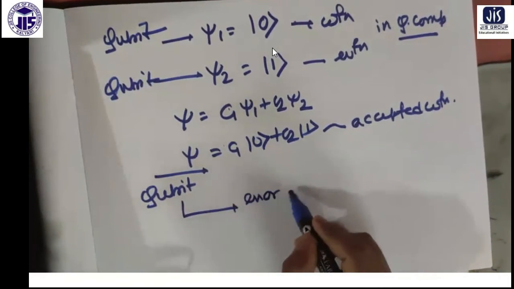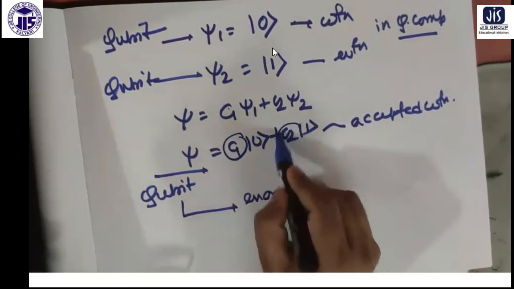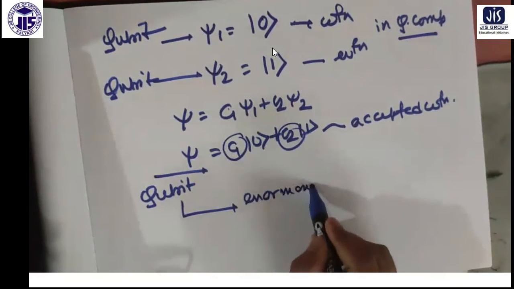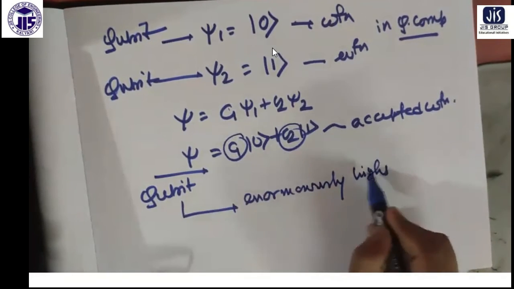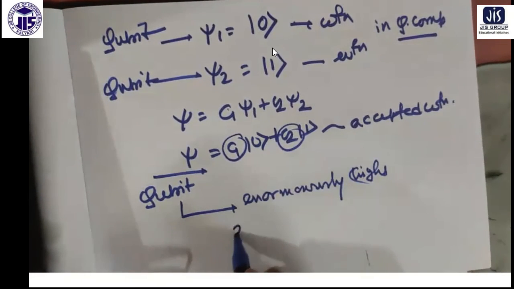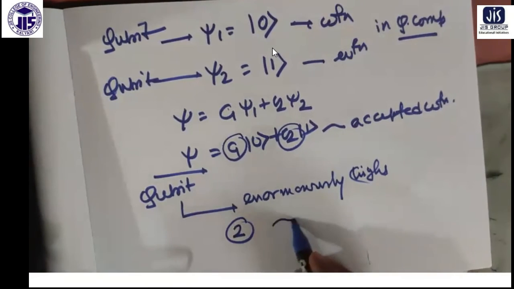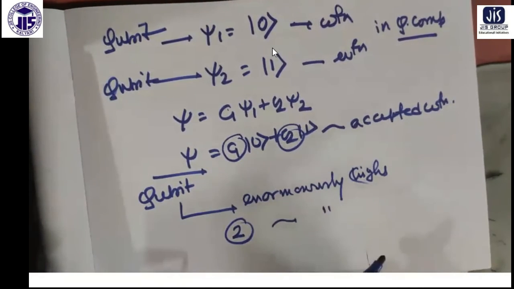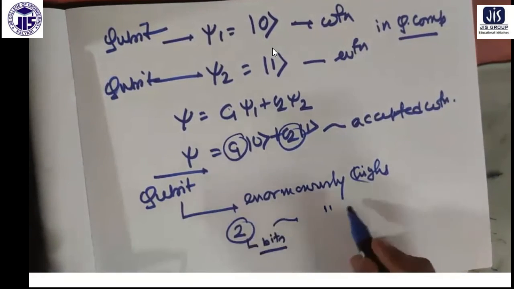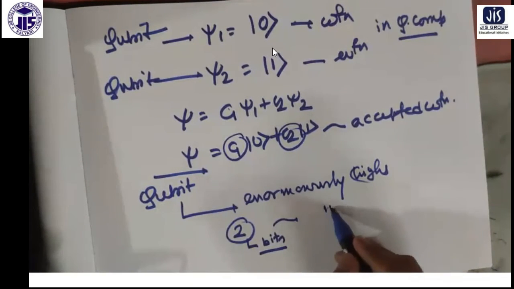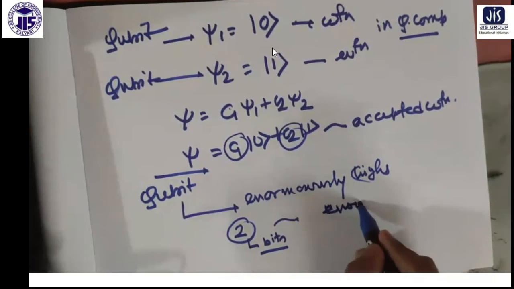There is a condition that mod c1 squared plus mod c2 squared equals 1. That is a major difference from classical computation. The number of binary digits is only 2, but the number of quantum bits is enormously large.